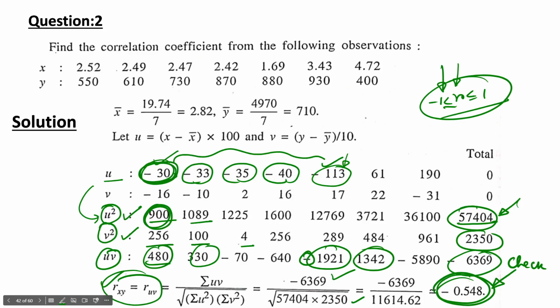Ultimately, you should get some value under -0.5, because that is the correct answer of this question. So if you find, say, -0.592, but the actual answer I am getting is -0.542.